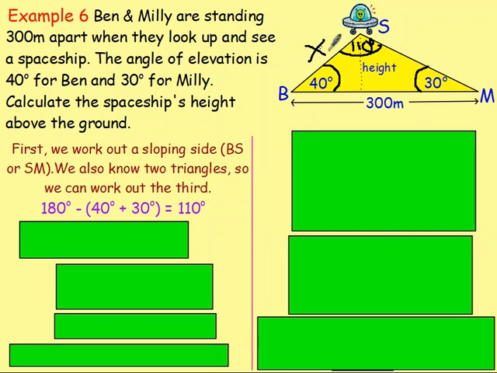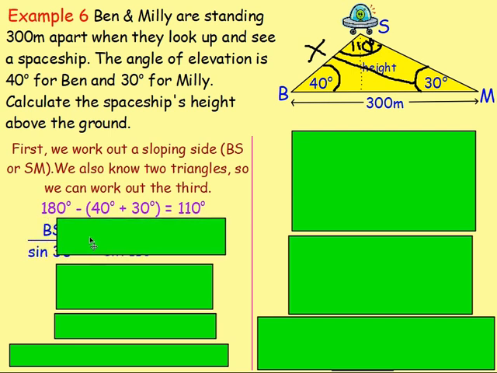Because we're wanting to work out this side from B to S, that is going to be the length of the side, and it is paired up with the angle that is across from it, which is 30 degrees. Because it's the side we want to find, we use the sine rule with sides on top: a over sine A equals b over sine B equals c over sine C. Because we want to work out this side from B to S, put that first.